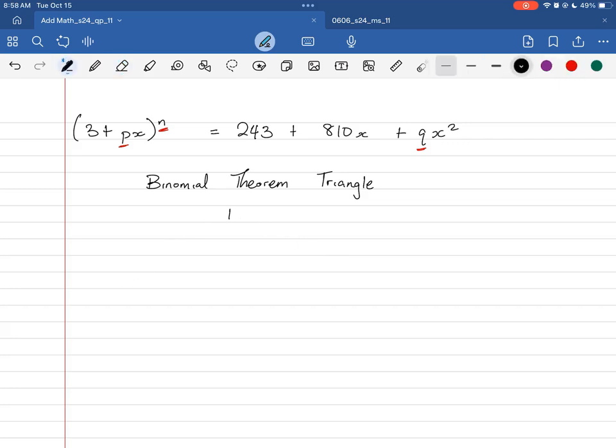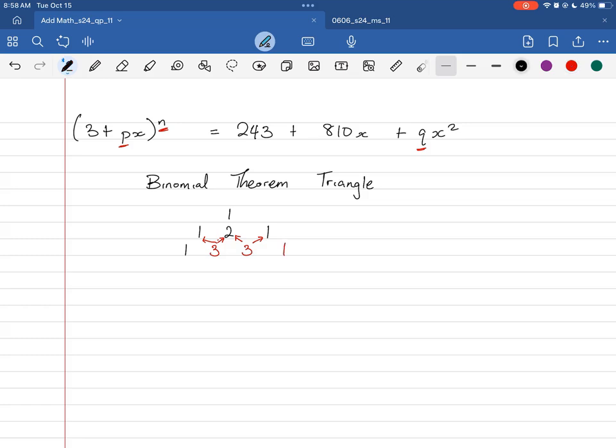The second line is 1, 2, 1, and from there it's easier to do because, like I said, your sides are always going to be 1, and this space here is going to be 2 plus 1, which is 3. This space again is going to be 2 plus 1, which is 3, and then the end is 1. So that's how it's always going to go.